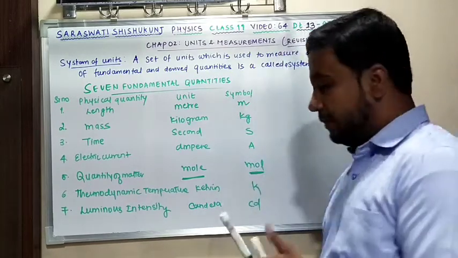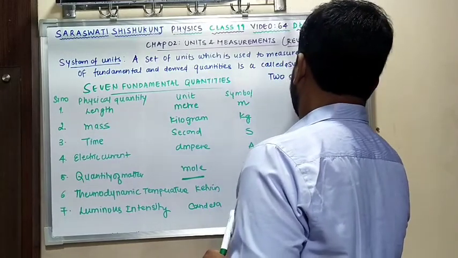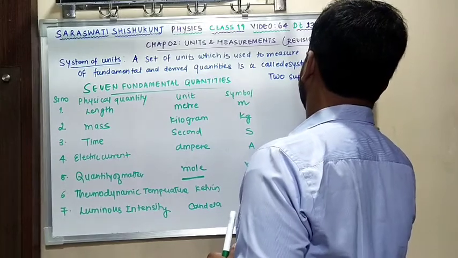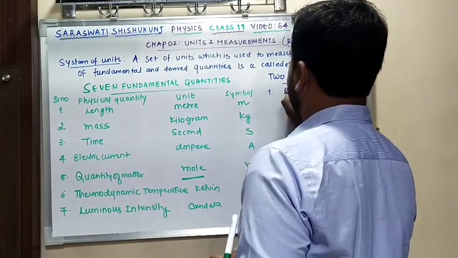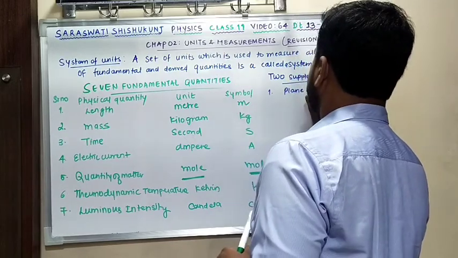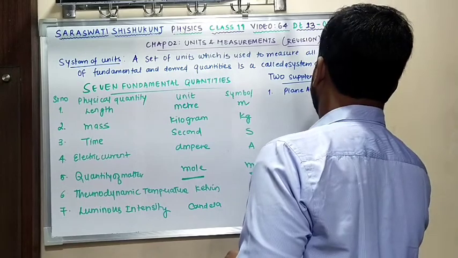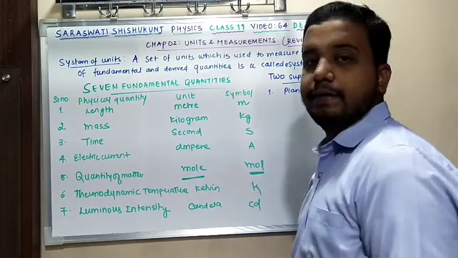Now talking about the 2 supplementary units. The very first quantity is plane angle, and the unit is radian, denoted by symbol rad. Clear?